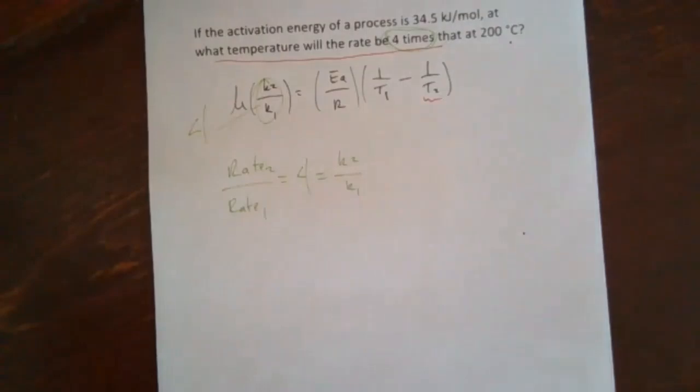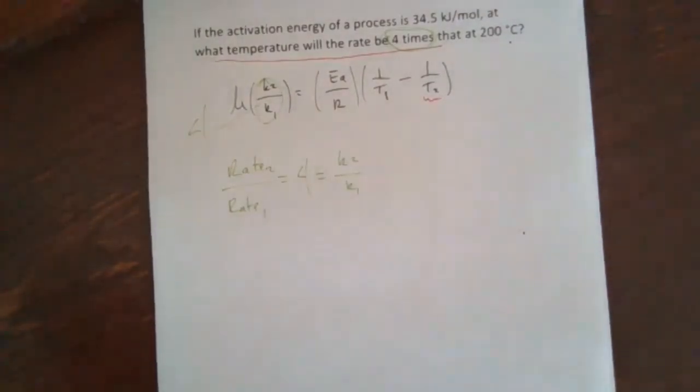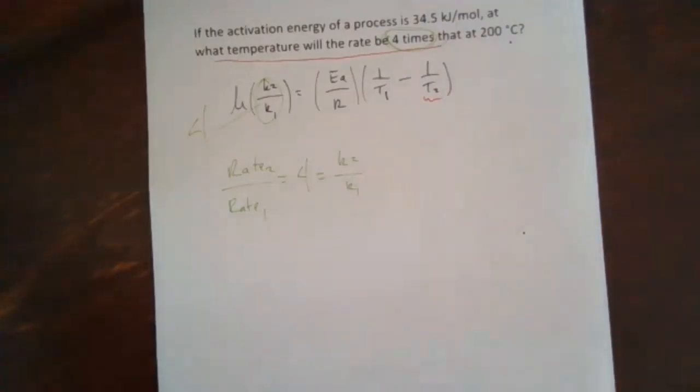That ratio is 4. You don't know what the values of k1 and k2 are, but it doesn't really matter. You know that k2 is going to be 4 times greater than k1, because if k increases by a factor of 4, then that is what makes the rate faster, the change in the rate constant.